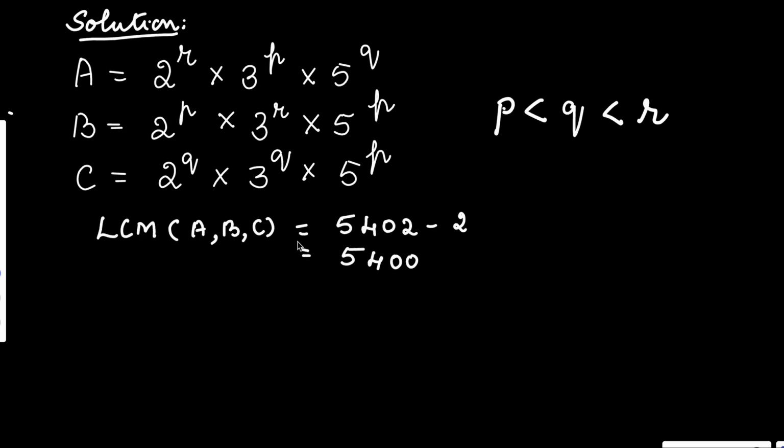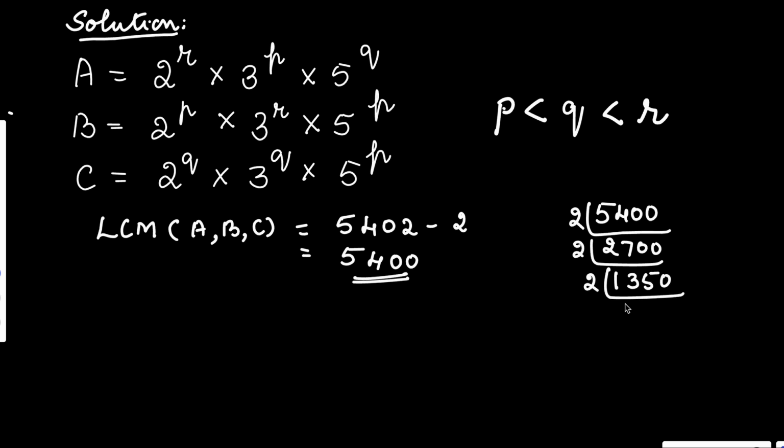LCM of A, B, C is equal to 5402. From that, remainder 2 we should subtract, so LCM will become 5400. We'll find the prime factorization of 5400. It goes by 2, 2700, 2, 1350. Again we can divide by 2, 675.